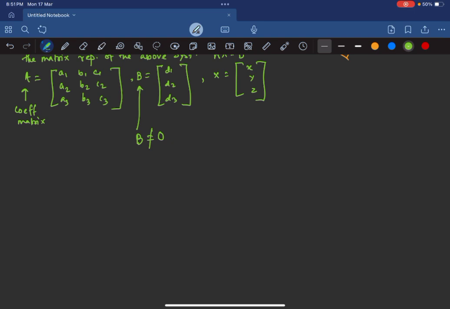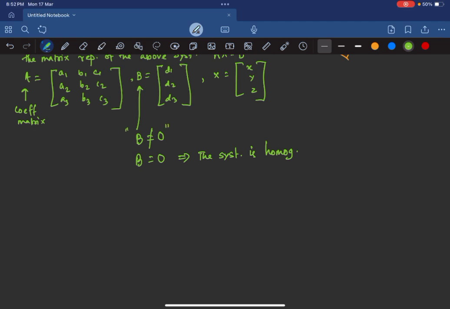Here one thing you should observe: we are taking B as a non-null vector. If B is 0, then immediately the system is homogeneous. In that case, 0 0 0 will always be a solution for the given system. 0 0 0 means you have the origin, which means all the planes you are considering pass through the origin.